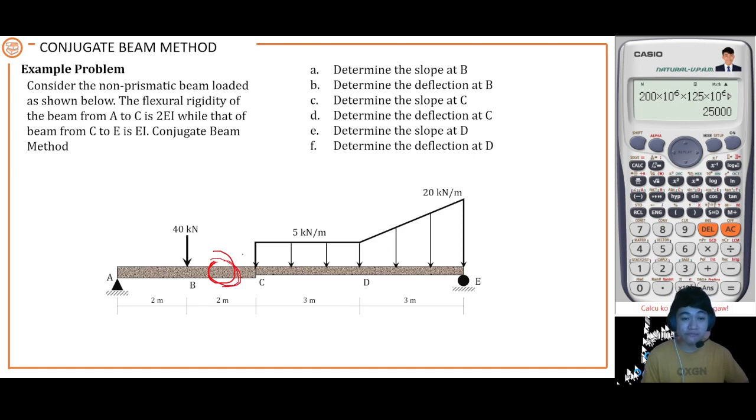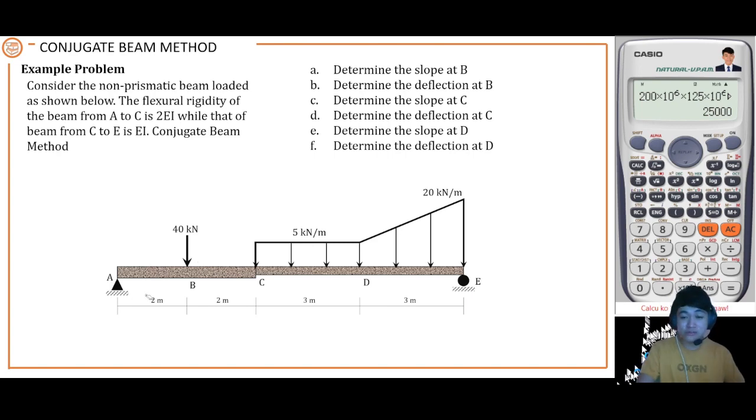So for this problem, A to C has a larger cross section than C to E, meaning A to C is stronger than C to E. So 2EI is the given. Okay. So how do we solve this problem?